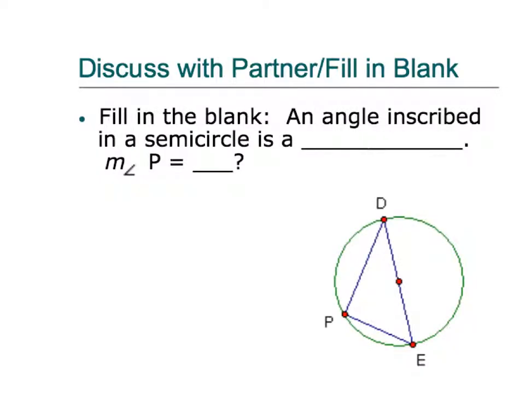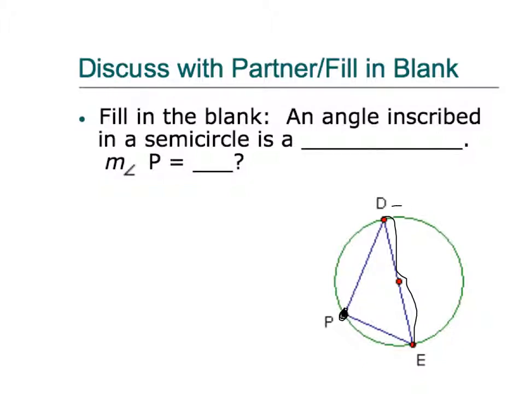Let's investigate this one together. An angle inscribed in a semicircle is what? In other words, I have angle P. It's inscribed because my vertex is on the circle, and it opens up to a diameter DE. And I'm asking you, what is the measure of angle P?